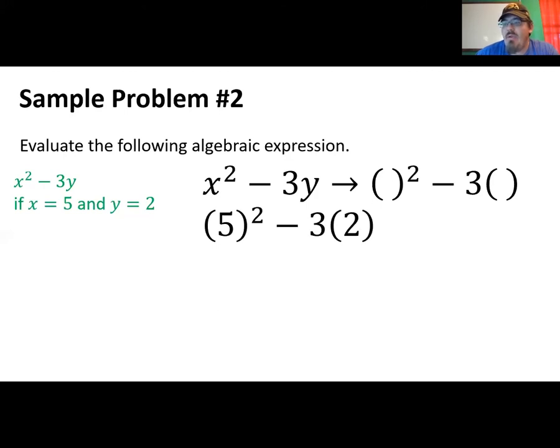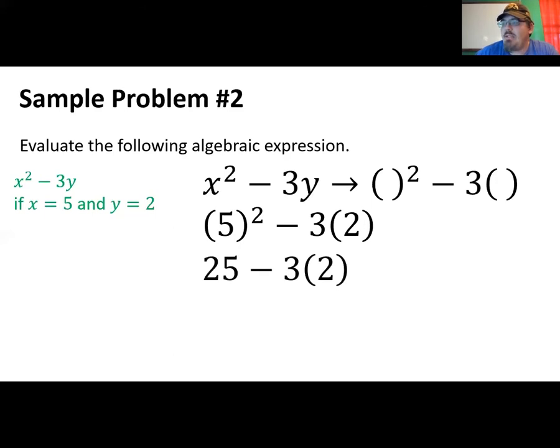Again, we now have a numerical expression that we can simplify using order of operations. So we start with parentheses. There's nothing inside the parentheses to simplify any further since we have just single numbers. So we're going to skip to the next step, which is exponents and roots. We do have a power, 5 to the second power in this case. So 5 times 5 is 25.